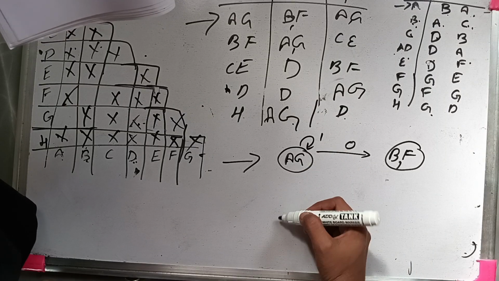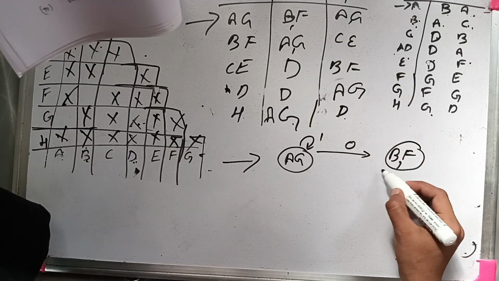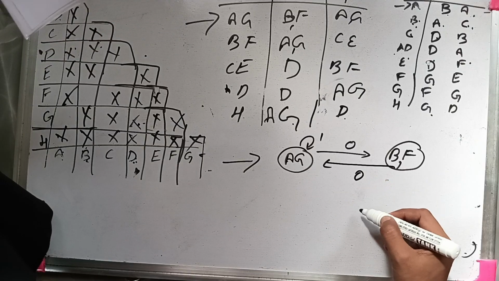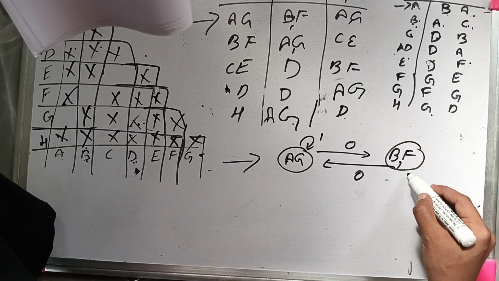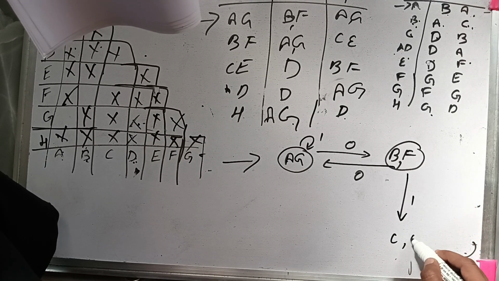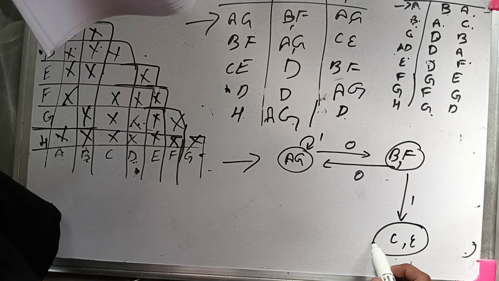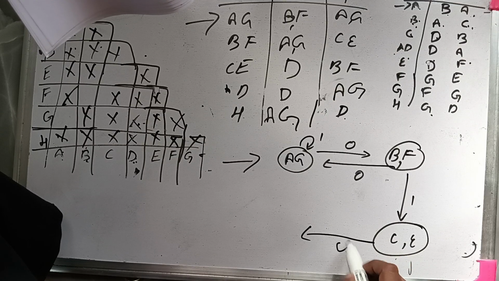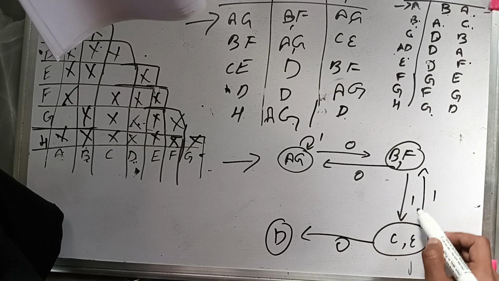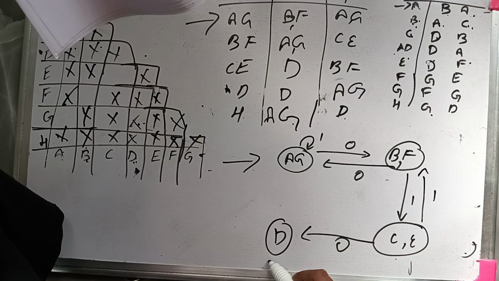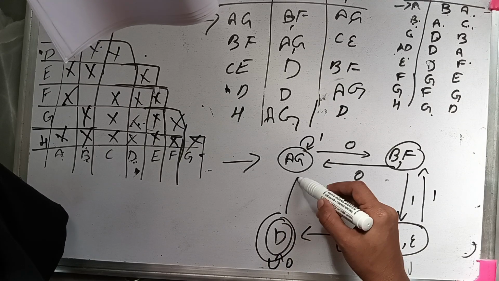Next for B and F, if 0 comes it goes to AG, and if 1 comes it goes to C and E. Next for CE, if 0 comes it goes to D state, if 1 comes it goes to BF. Next for D, if 0 comes it is a self loop and D is a final state, and if 1 comes it goes to AG.